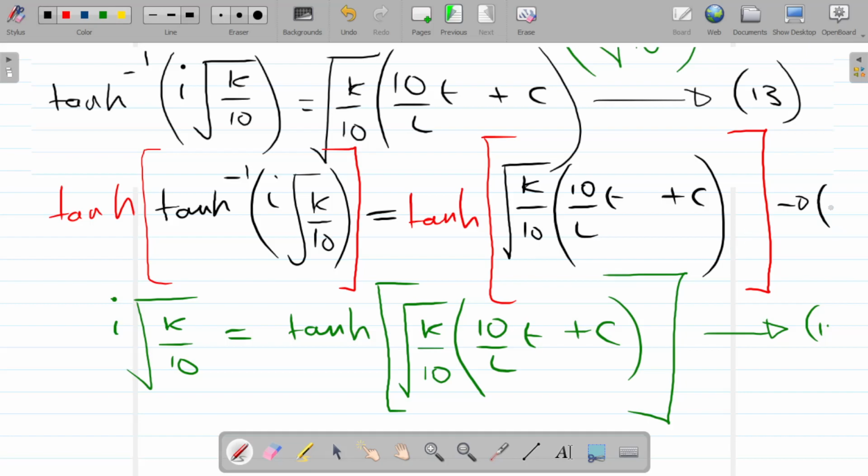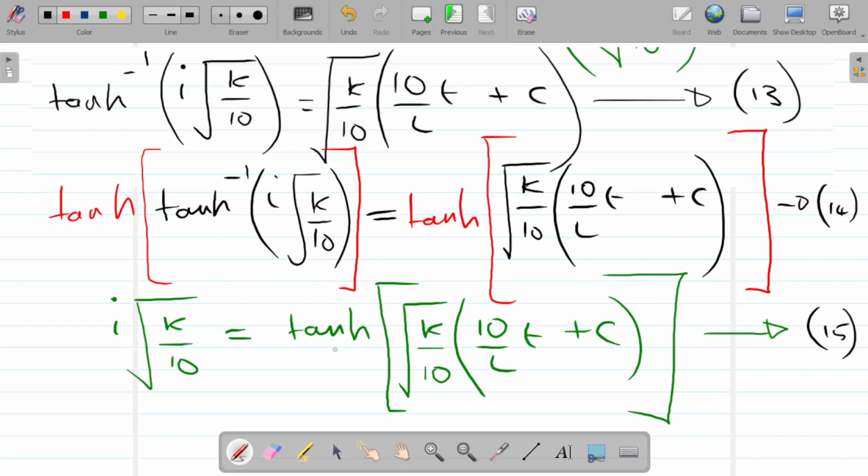So that should be equation 14, and this should be, oops, let me just get my eraser on that. Right, there we are. So now, if I can get my pointer back, that becomes equation 15. Right, little error there, but never mind.